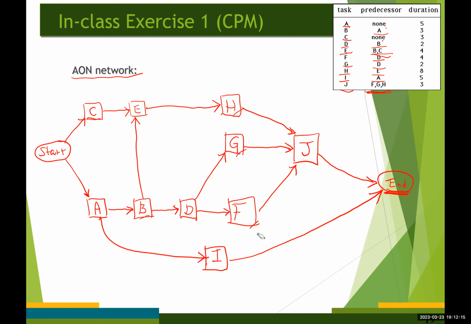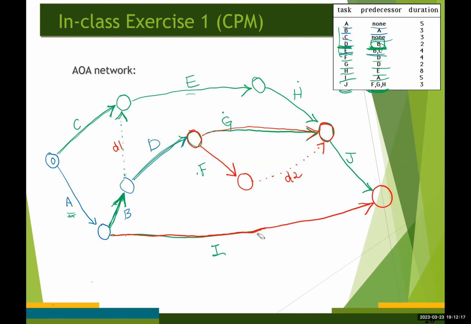However, our discussion in this class will focus on the activity-on-arc, or AOA, network model because its network structure is much more suitable for the mathematical optimization formulations that we will discuss later.